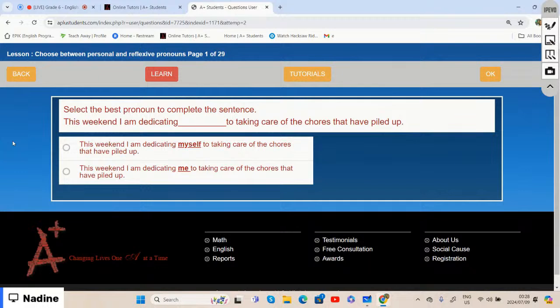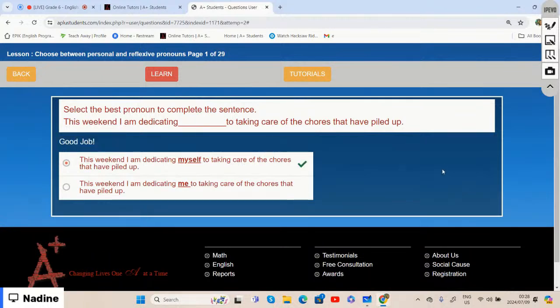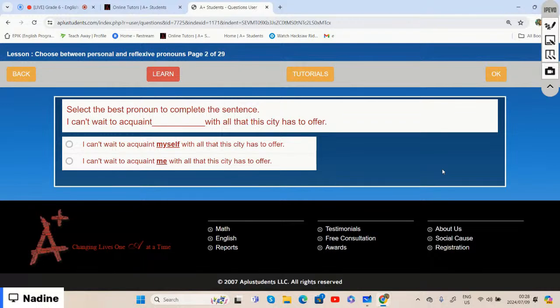So if we are going to choose the correct or the best pronoun to complete the sentence, then we will choose option one, right? Which is this weekend I'm dedicating myself, which is the reflexive pronoun, to taking care of chores, which means that I'm going to do it myself, right? We need to select the best pronoun to complete the sentence.